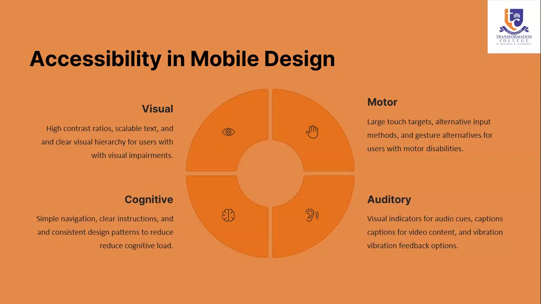The cognitive: simple navigation, clear instruction, yes, and consistent design patterns to reduce cognitive load. What cognitive load means is how fast you understand what you are doing. Like I said, if you don't follow the normal design principles, cognitive load will be a very big problem for you because nobody will have time to be saying, where is the home button?